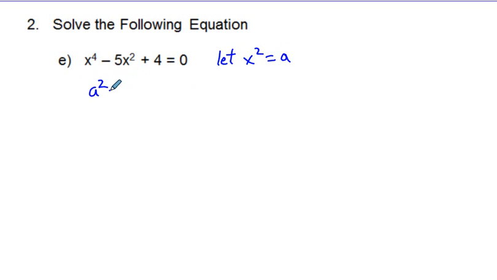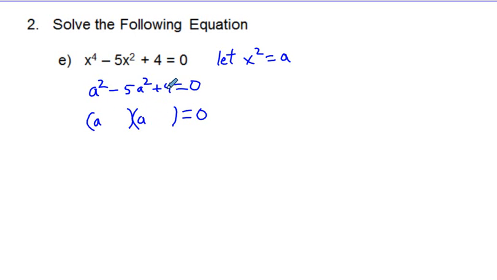And then we have minus 5a plus 4 equal to 0. And can we factor this expression now? Yes, we can.